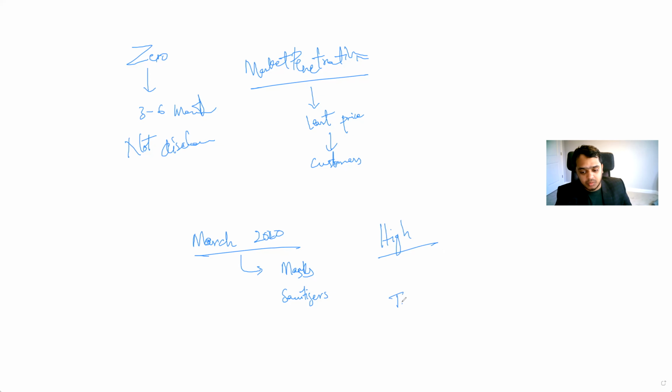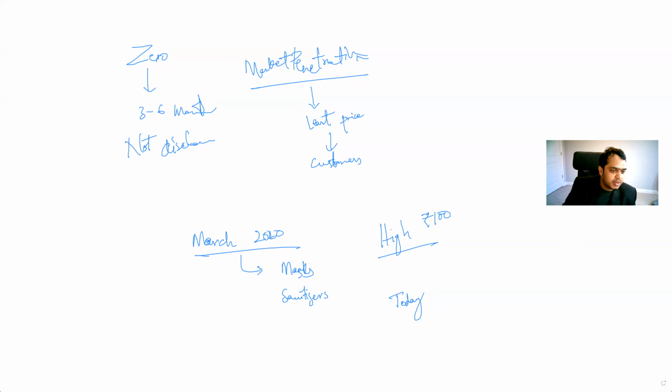Suppose that particular mask was sold on that day for 100 rupees. At what amount is it sold today? What's the price today? 10 rupees, 5 rupees, 20 rupees.